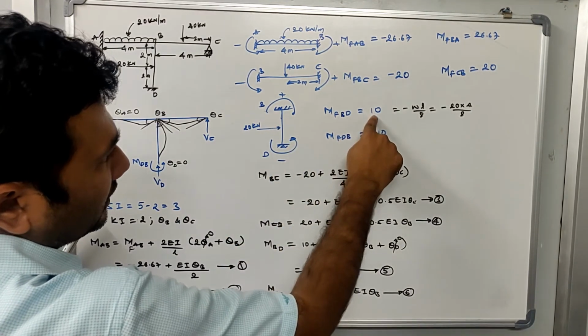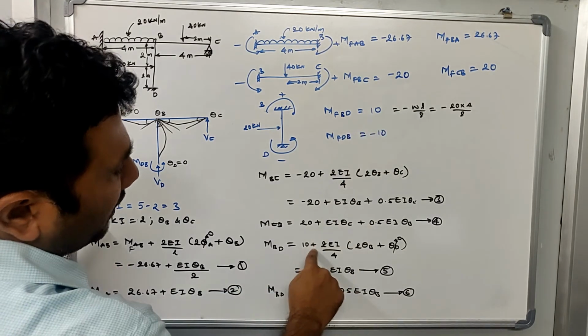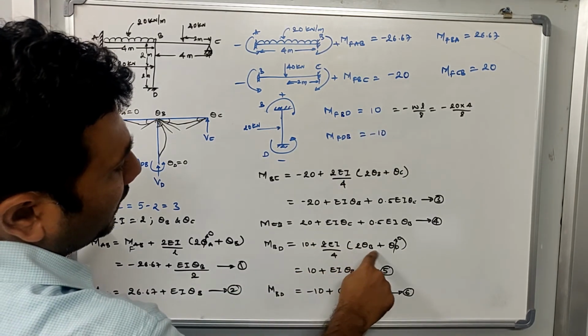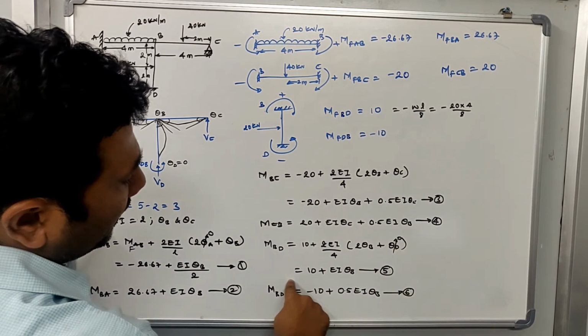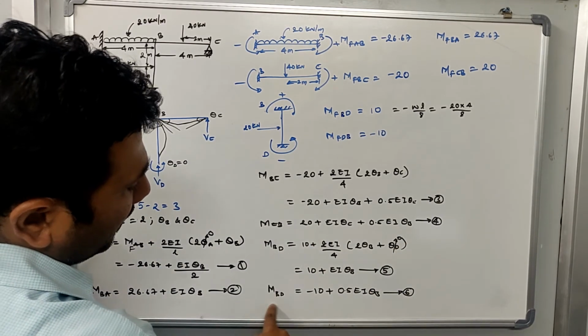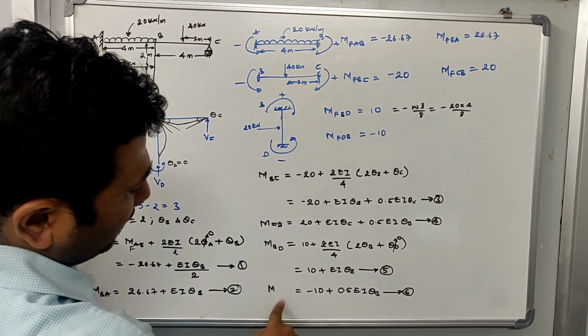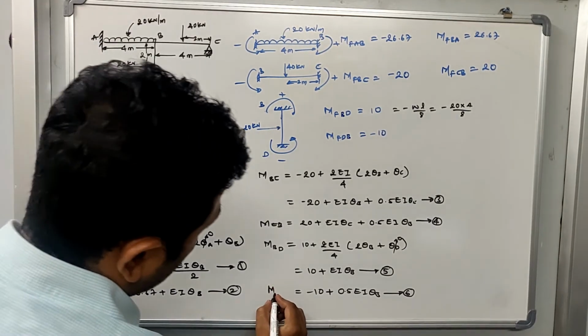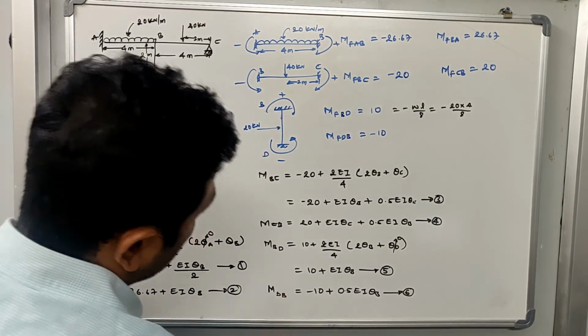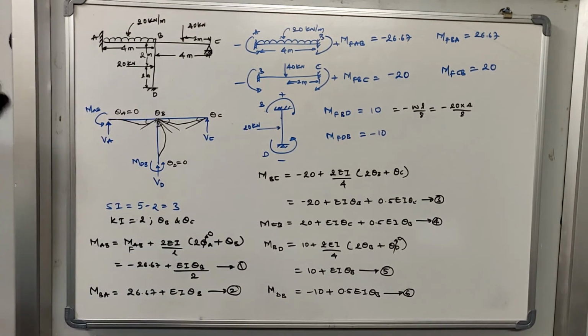MFBD is plus 10 plus 2 EI by 4 into bracket 2 theta B plus theta D. As you know, theta D is equal to 0, that will get eliminated. This will be the equation for MBD, and this will be the equation for MDB.